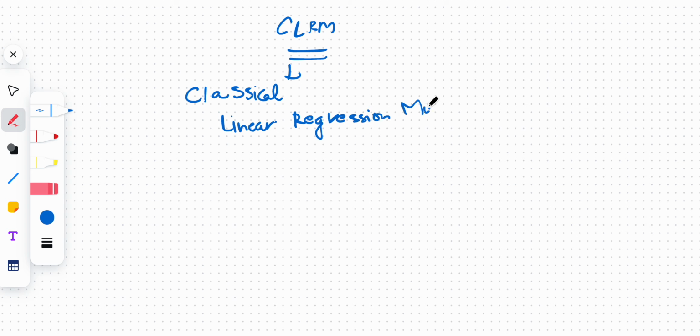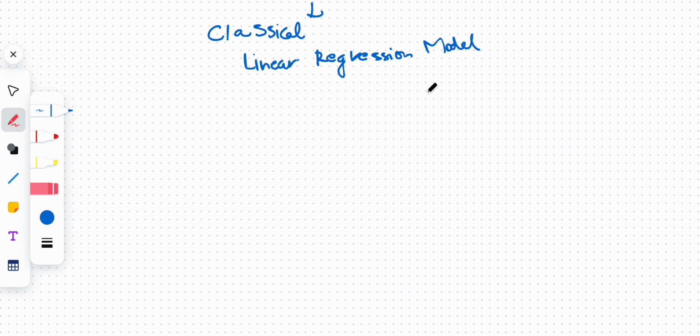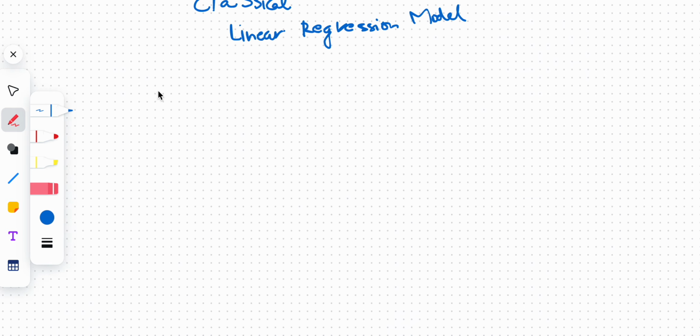So, CLRM. Now this will be my classical linear regression model. So here the relationship between two variables is given by this. Now this is my error term.